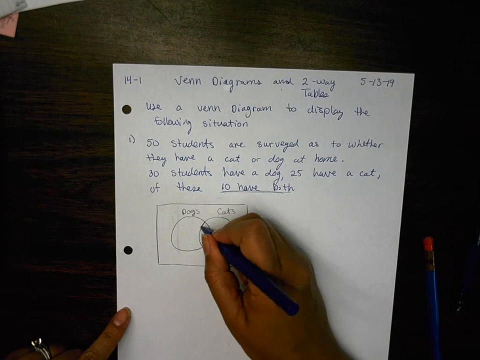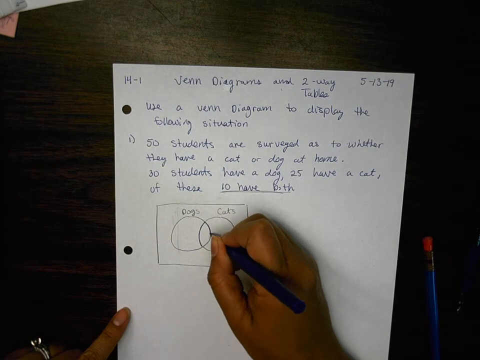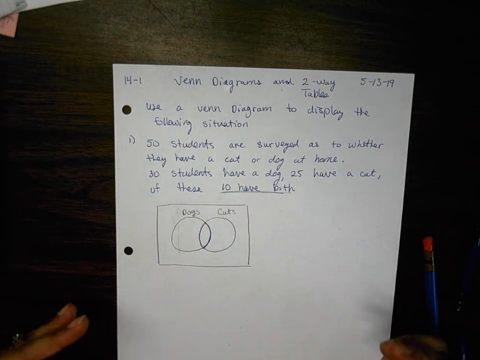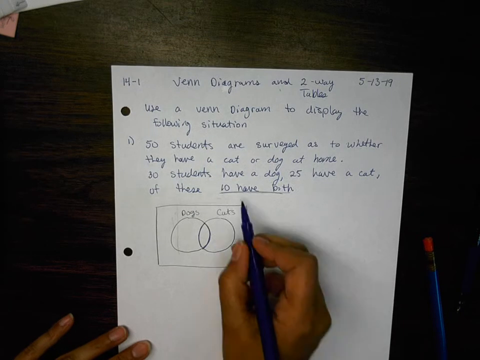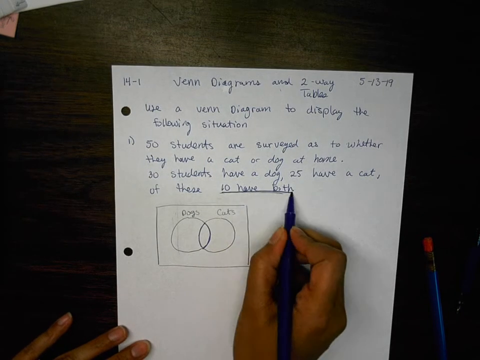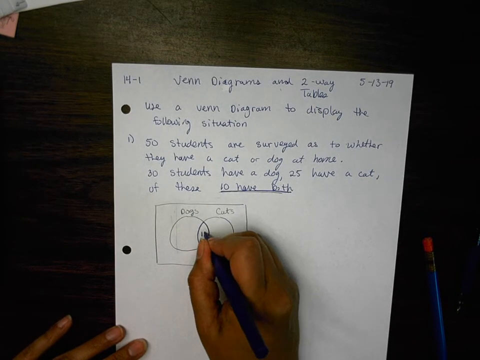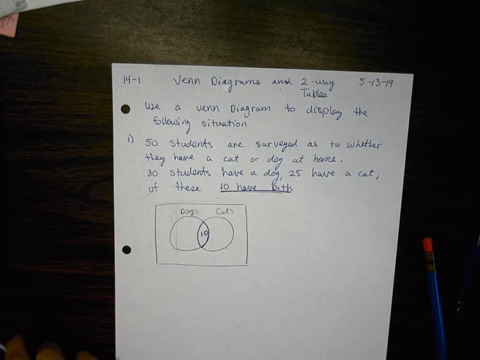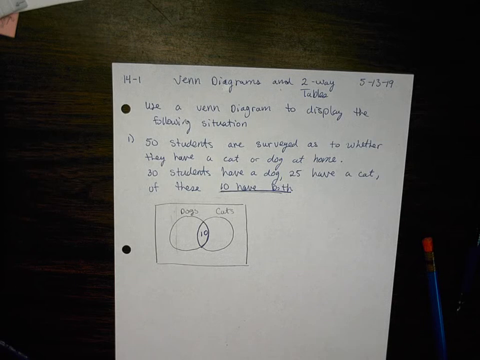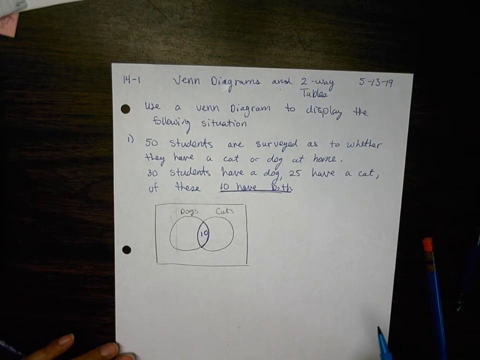Okay. When we start a Venn diagram, you always start with the overlap first. You always want to do that first and then fill in the rest of it as you go. So how many have both the cats and dogs? 10. All right. So does everybody agree where we got, or understand where I got the 10 from?